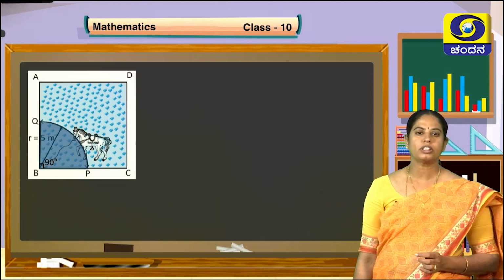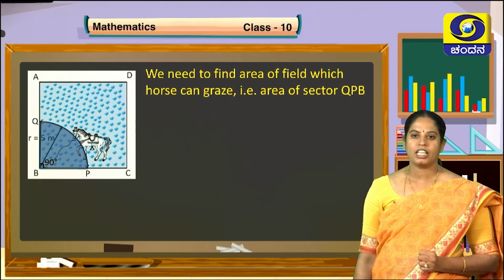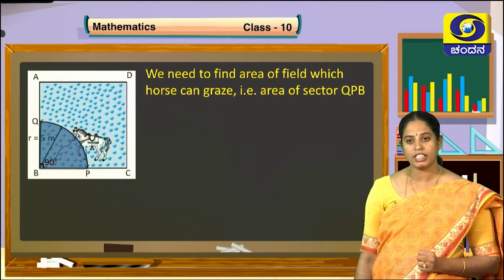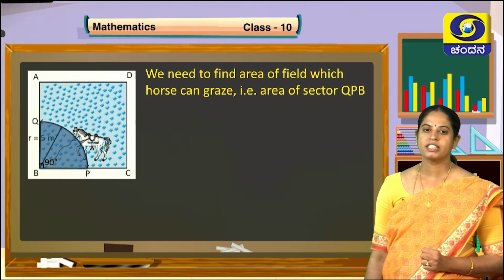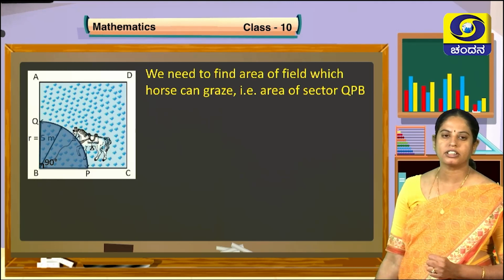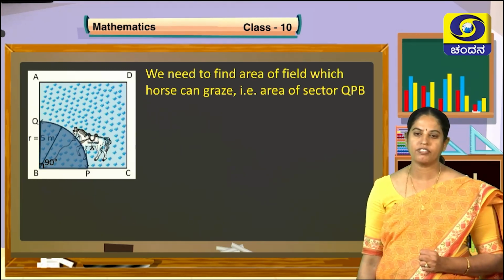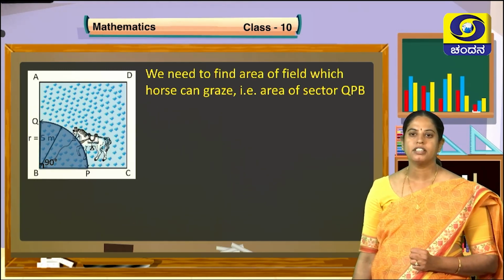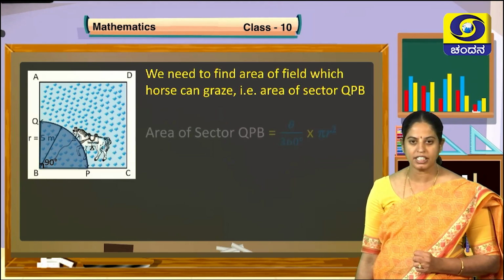Now, substitute the values in the formula to find the area of the sector. I have mentioned that quadrant as the sector QPB. If you find the area of the QPB, we get the field which horse can graze.